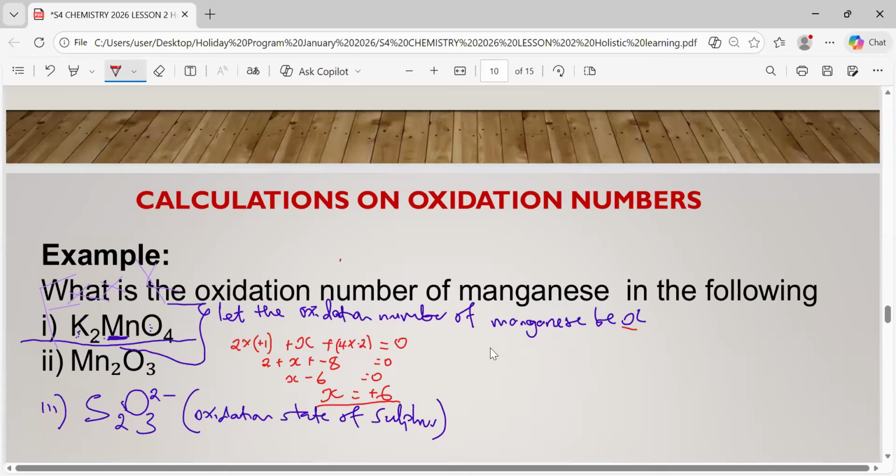Have you seen that? And then you can conclude and say, therefore, the oxidation number of manganese is positive 6. Is it clear now?